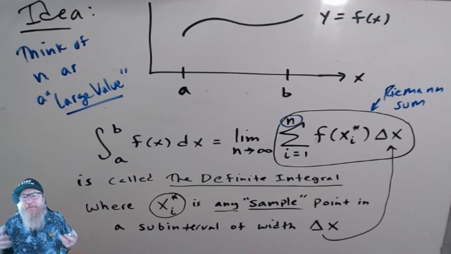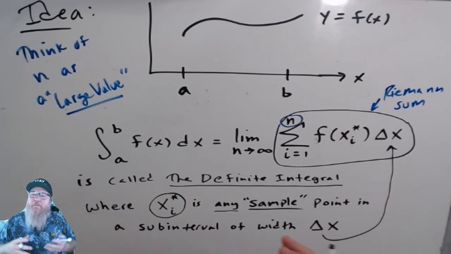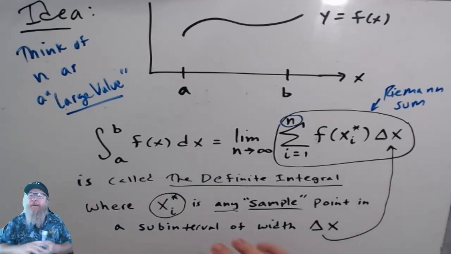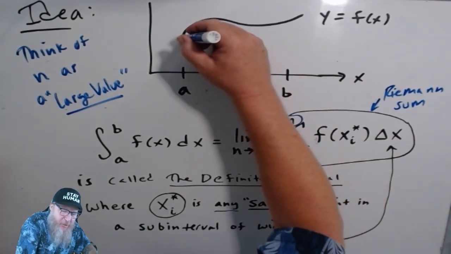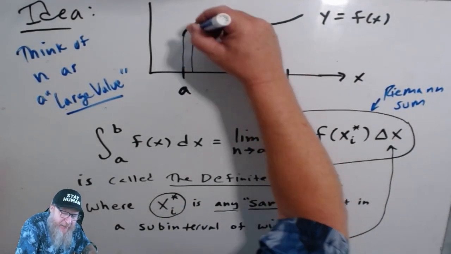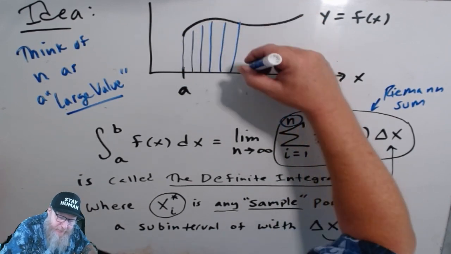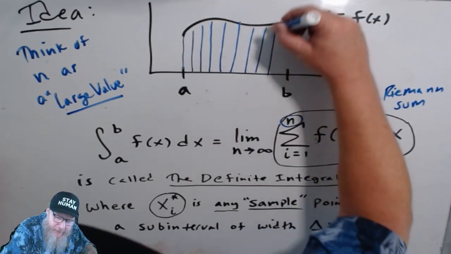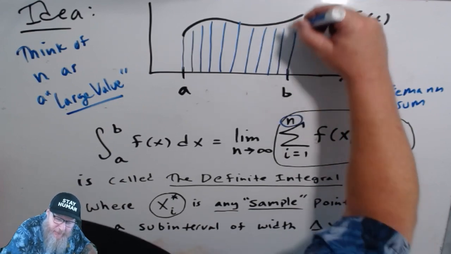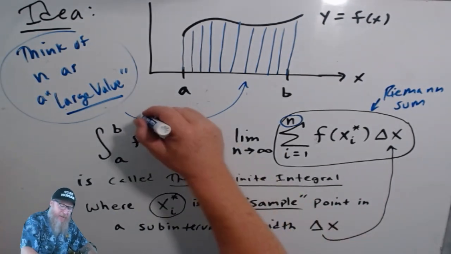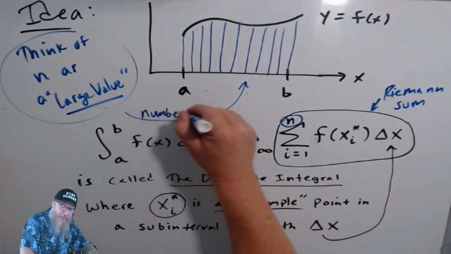If 10 is large, it's probably not, but I usually think more than 10. So 20, 50, 100, 1,000, a million, whatever you like. And so you have all these rectangles. n is the number of rectangles.